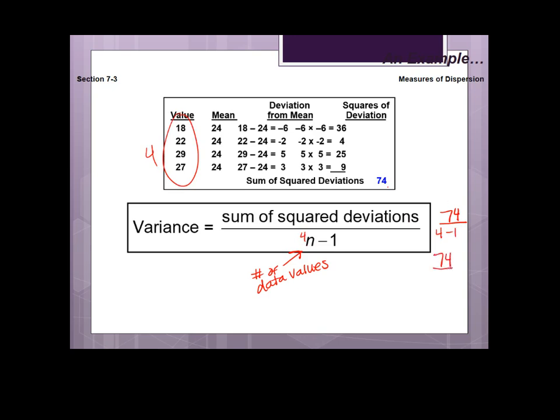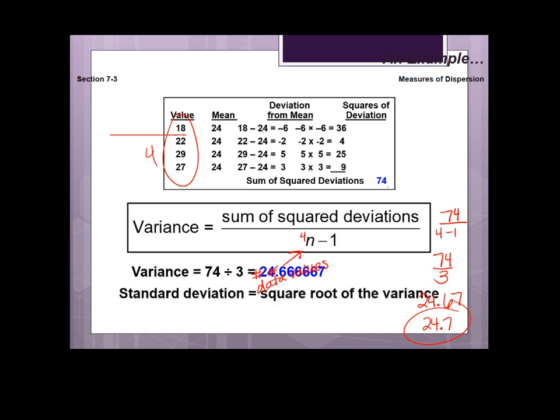So I get 74 divided by 3, which is 24.667. And remember, we can round to one more decimal place than is there, so really you could say 24.7. So that's the variance. I guess that doesn't have the same rule though, so we could go farther to be more accurate.